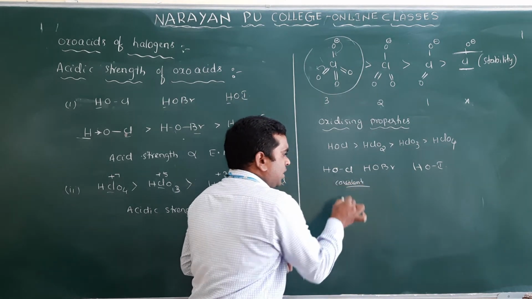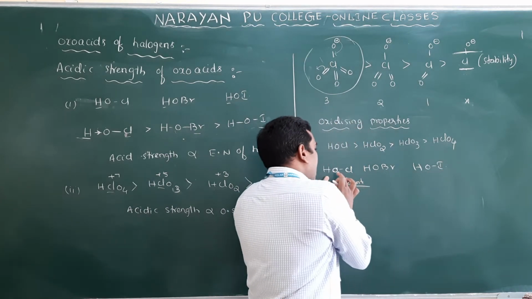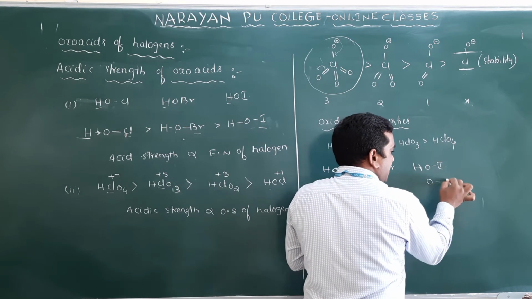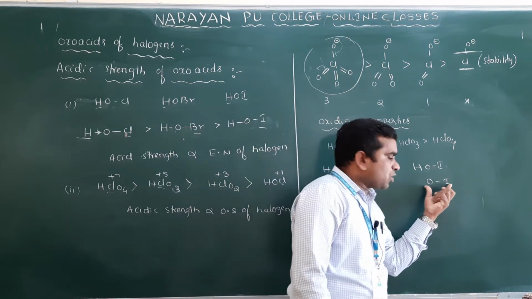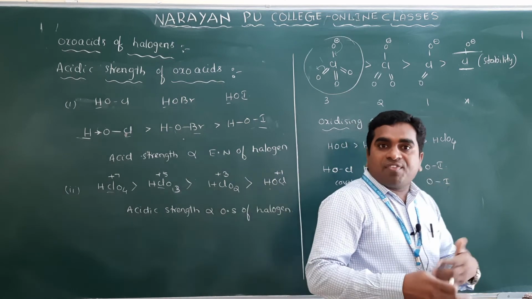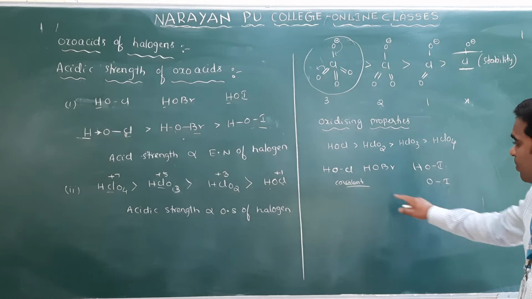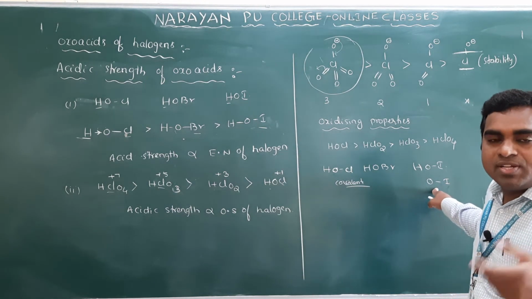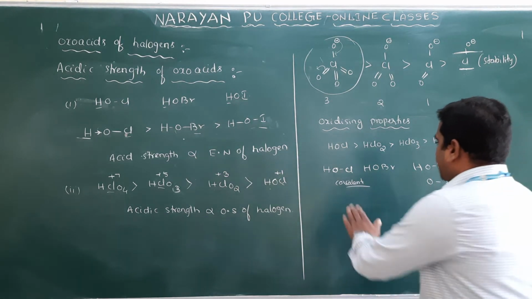But if you go from hypochlorous acid to hypoiodous acid, here the bond is oxygen and iodine. So you know that here the electronegativity difference is more. If the difference is more, polarity will be more, which means it is covalent with ionic character. Ionic character, you already know, is weak compared to the covalent. So that's why you know the stability order.